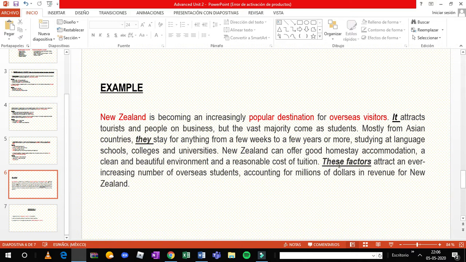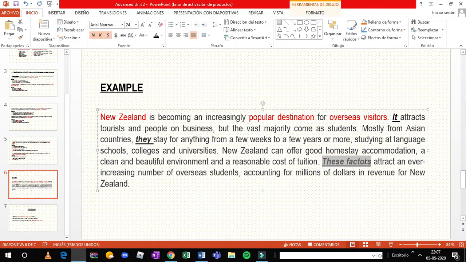New Zealand can offer good homestay accommodation, a clean and beautiful environment, and a reasonable cost of tuition. These factors attract an ever-increasing number of overseas students, accounting for millions of dollars in revenue for New Zealand.